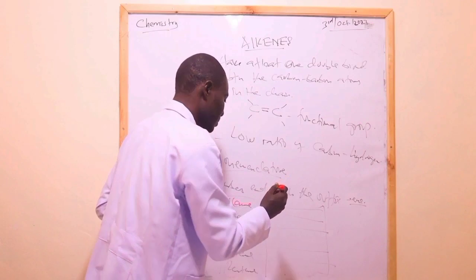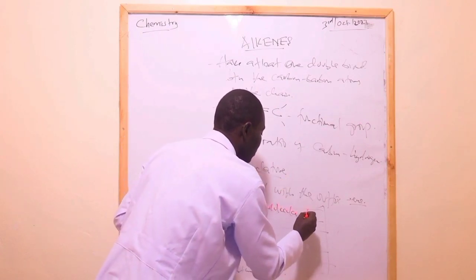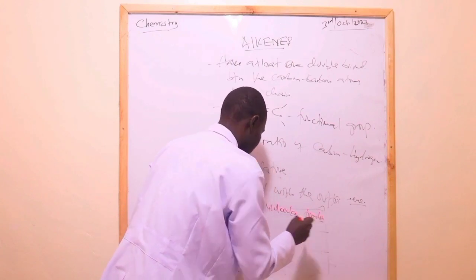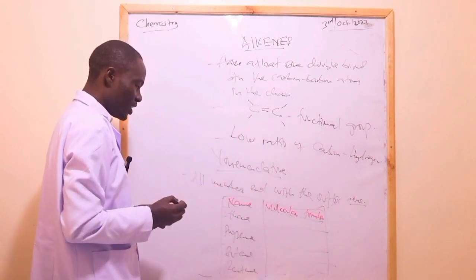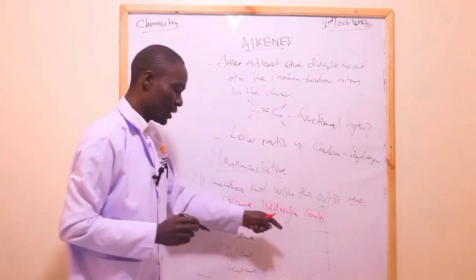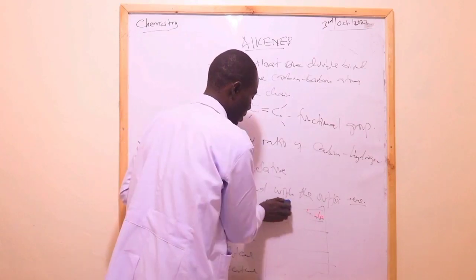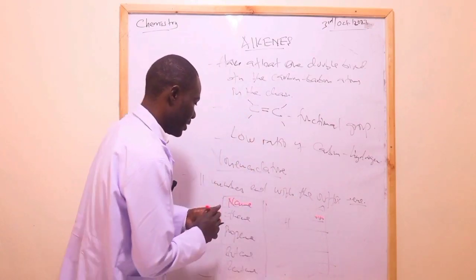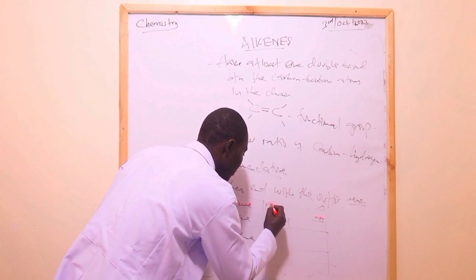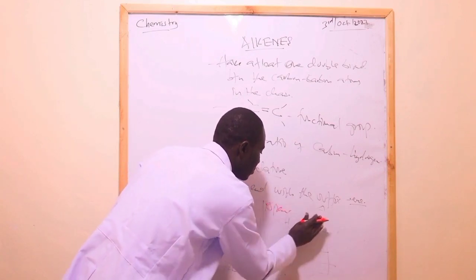So I'll write the formulae of these compounds. In this case, we have the molecular formula. For ethene, at least to show the bonding, we shall have the open structural formula so as to show the bonding.